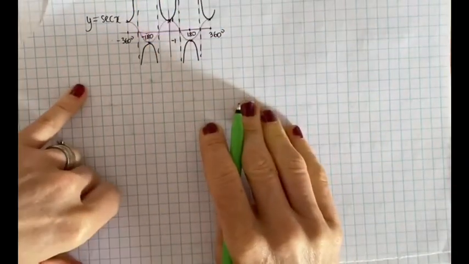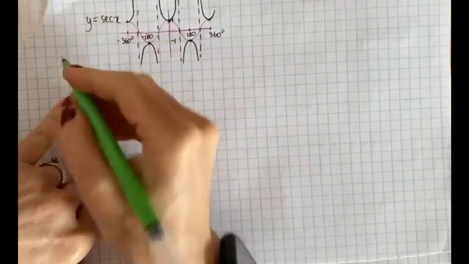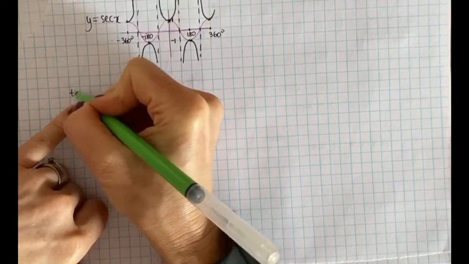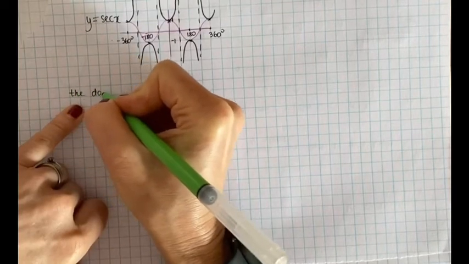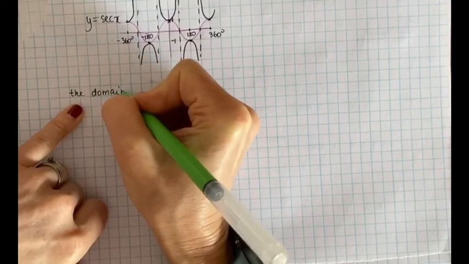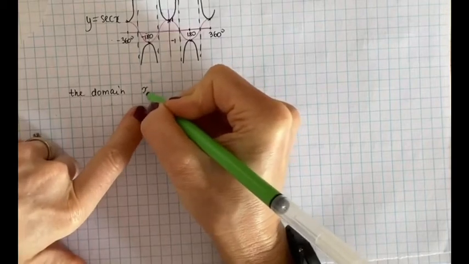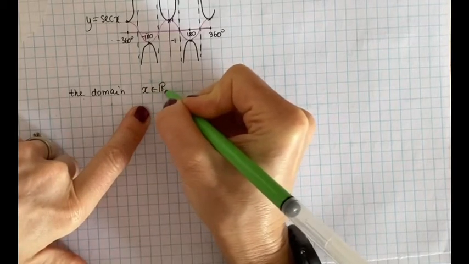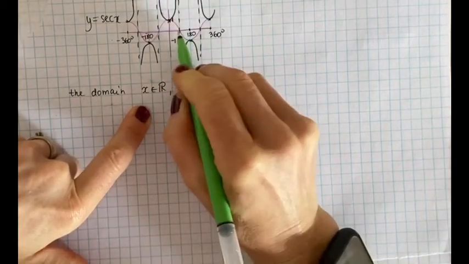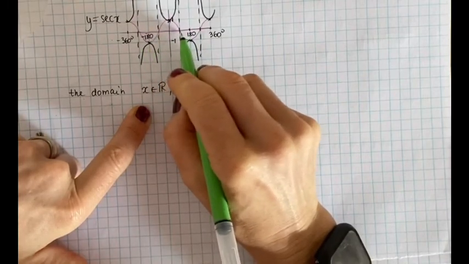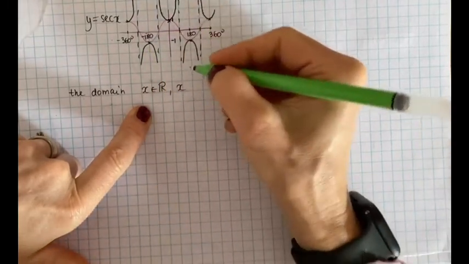Okay, once you've sketched it, you can actually identify the properties. So the domain: you see the domain is x's belong to all real values, but x cannot be equal for those values of x when we were dealing with asymptotes.